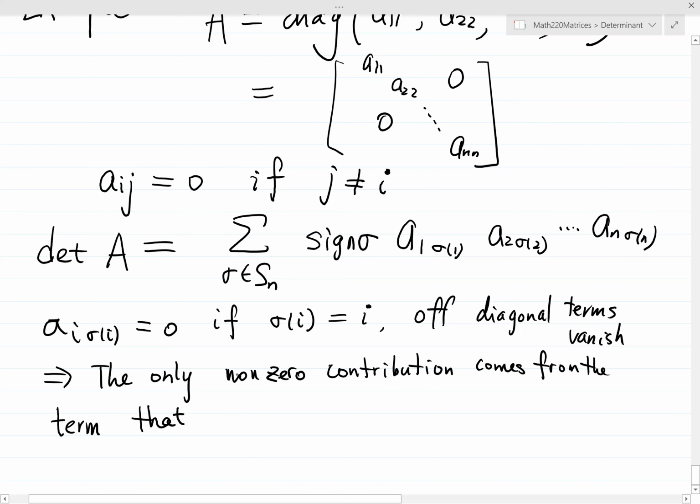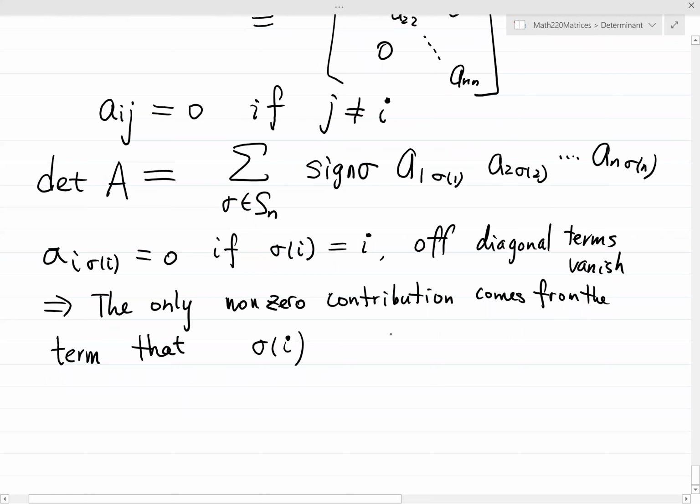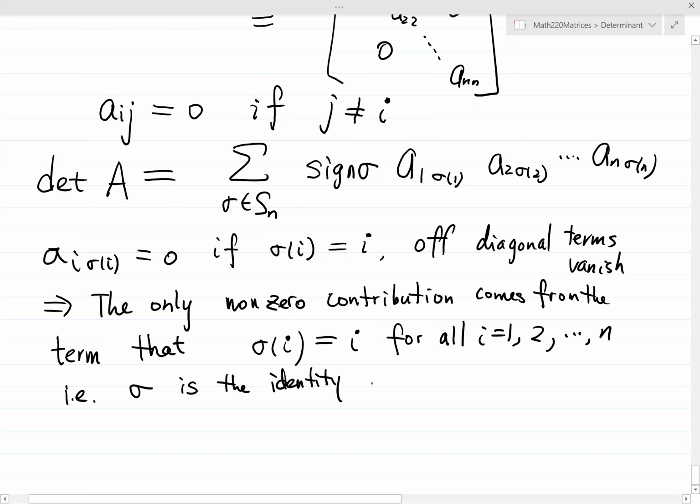What kind of sigma is such that sigma i equals i? You plug in 1, you get 1; plug in 2, you get 2; plug in n, you get n. So it does no change at all, for all i equal to 1, 2, up to n. That is, sigma is the identity map, the identity permutation. It permutes nothing.